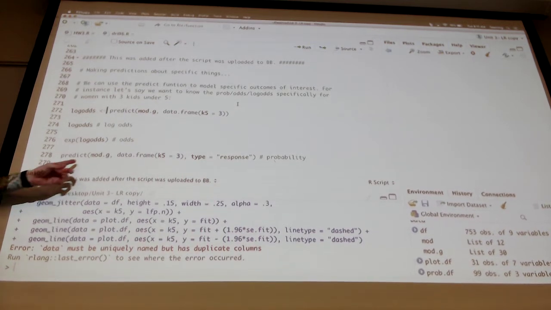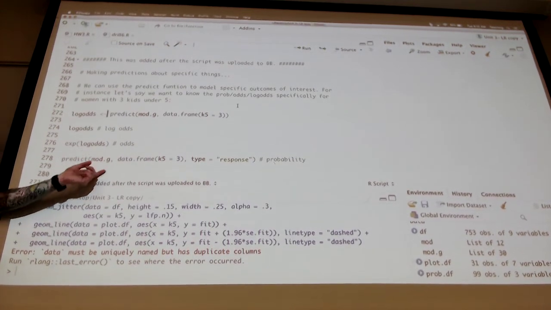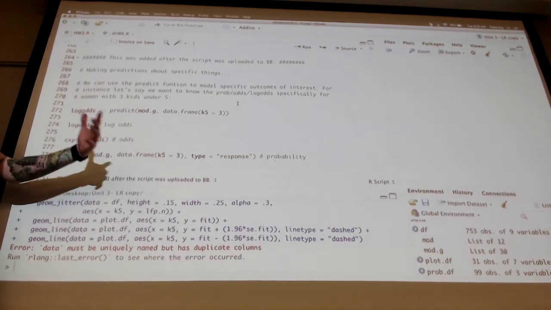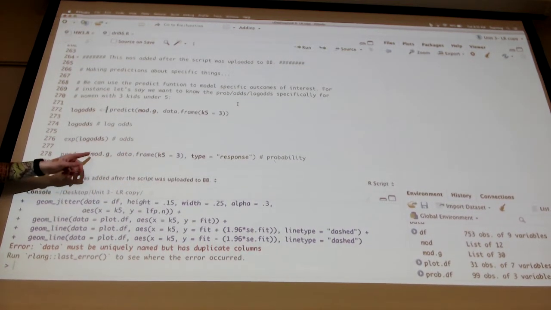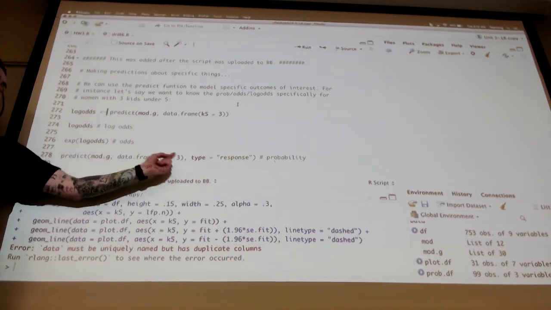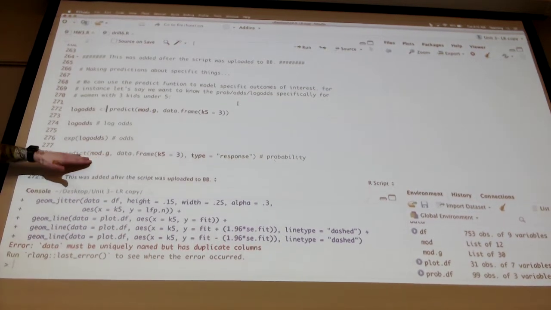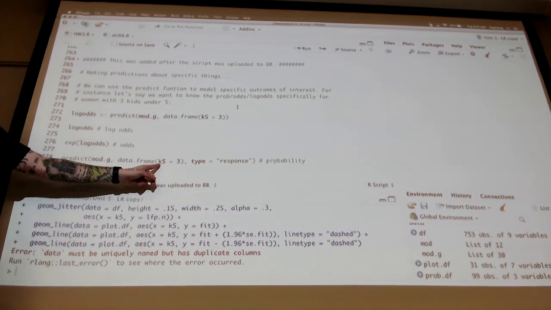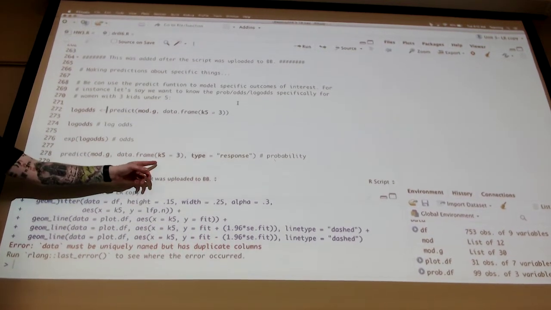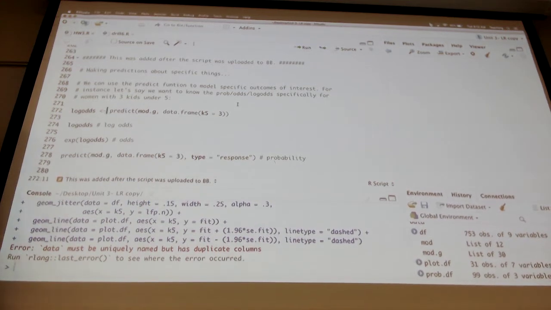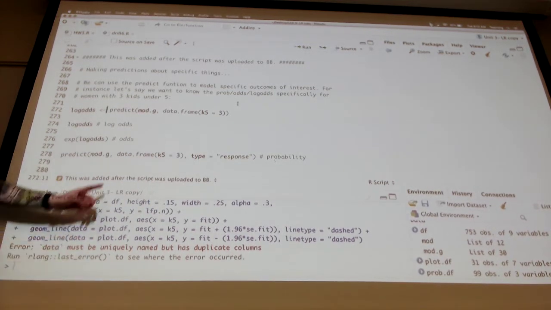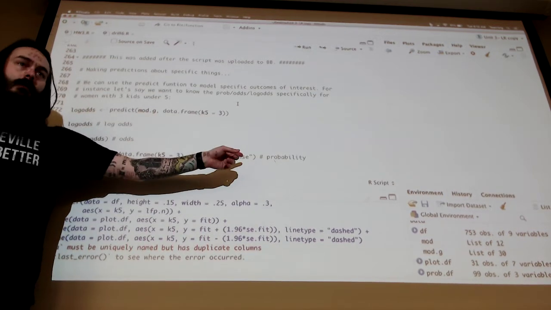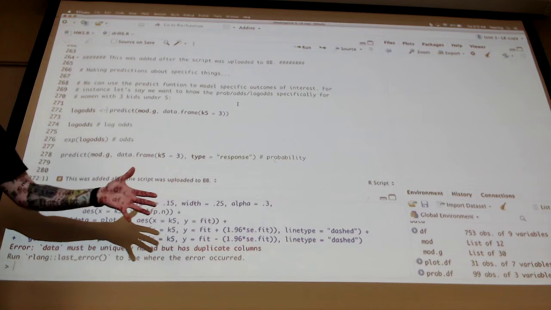So you tell it, I want to predict, based on some model that I've created and using some data that I've created, give me the prediction of the probability for this new data. So in this example, conceptually what it's doing is I say, okay, let's say this woman has 3 kids under 5. If I just create a data frame with that one variable, because I only have one predictor in this model, and I set that to 3, what's the probability that that woman is in the labor workforce?